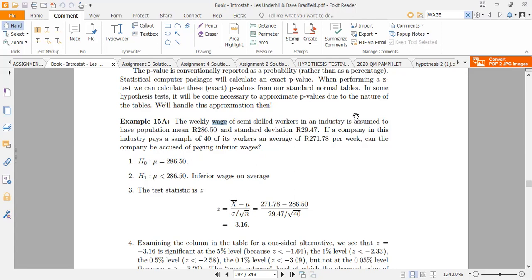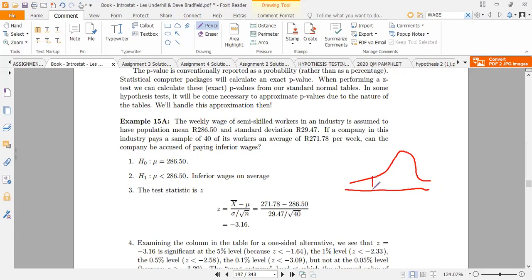Now, just to give you an idea, whenever our X bar is less than our mu, we're usually looking at the left tail. It is a single-tailed test because we are shading on the single side.